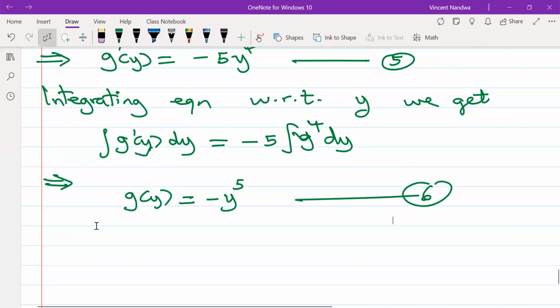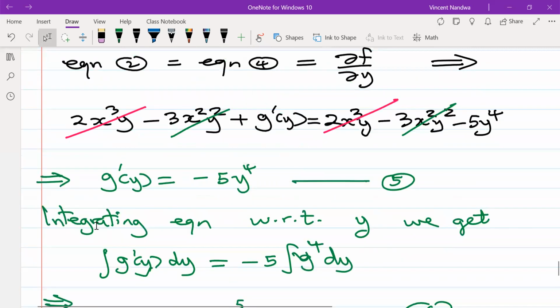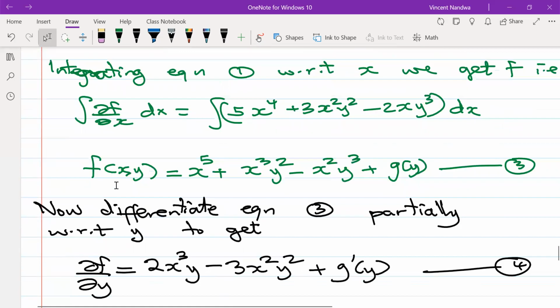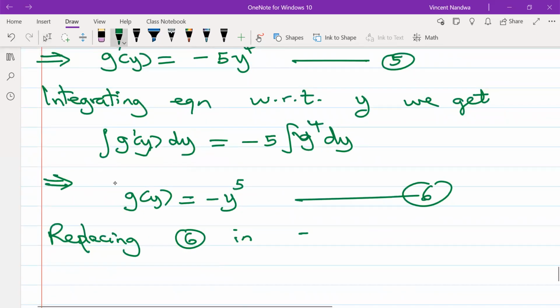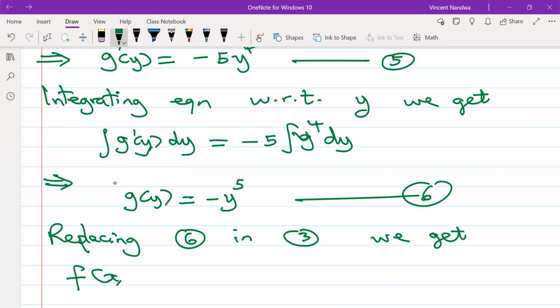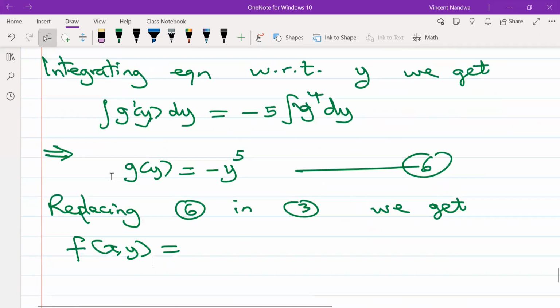now replacing 6 in the equation that defined the function, which is 3, we get f of x, y equals, the first term in 3 is x^5.